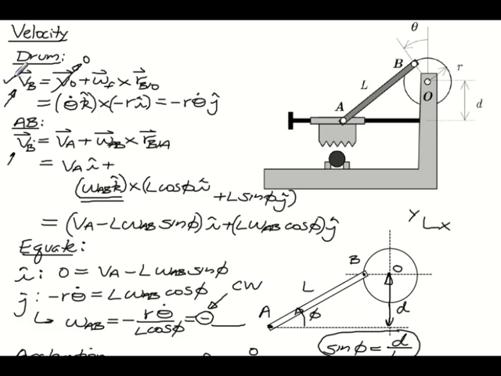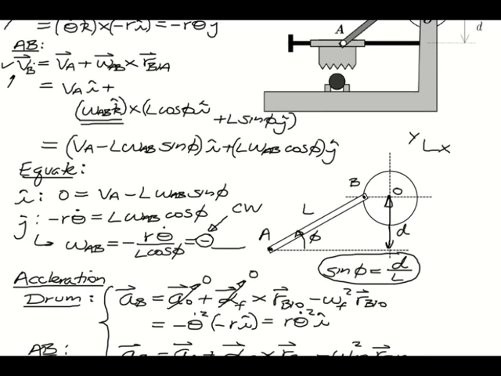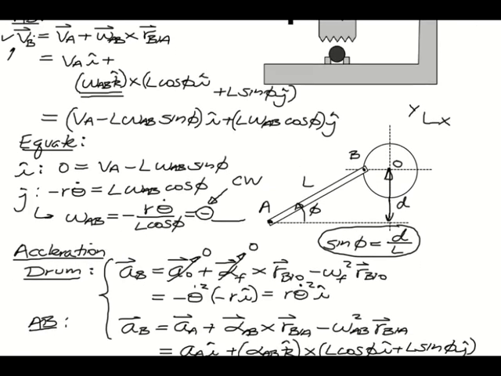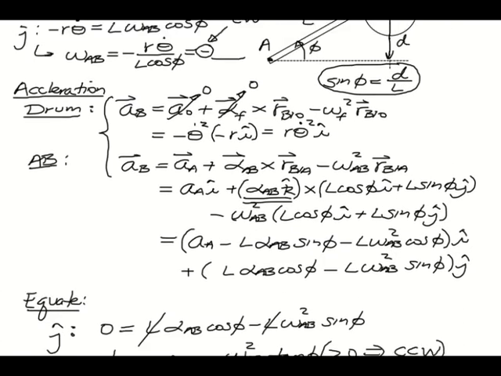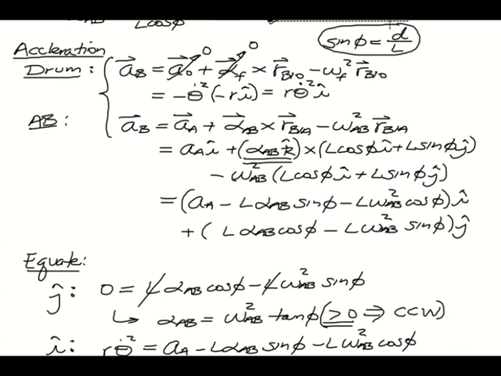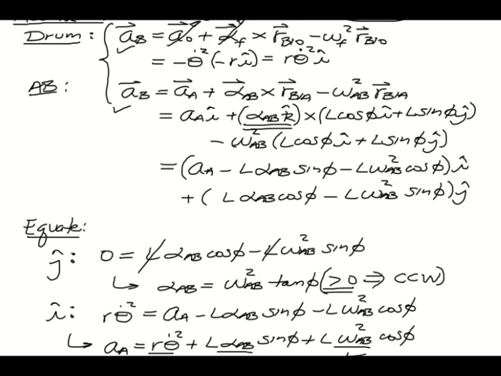Velocity for the drum, velocity for link AB, was able to equate those two to solve for the omega for AB, which is what I had to have. Repeated that same process for every link. For each link, the drum and AB, I wrote an acceleration equation. I equated those, and that gave me the necessary equations to solve for the unknowns.